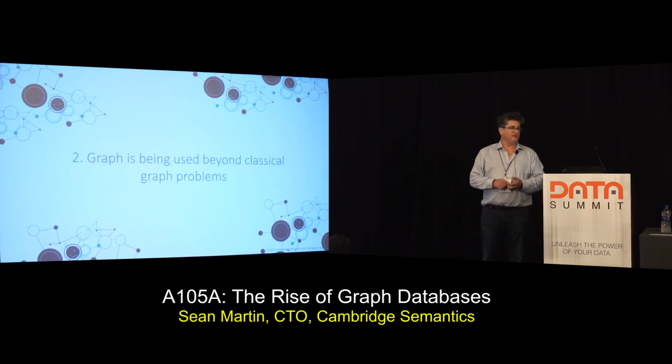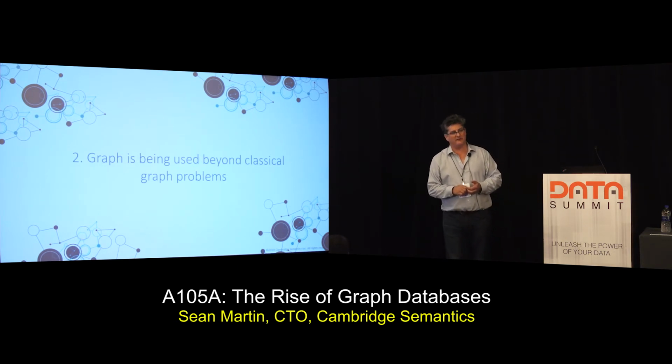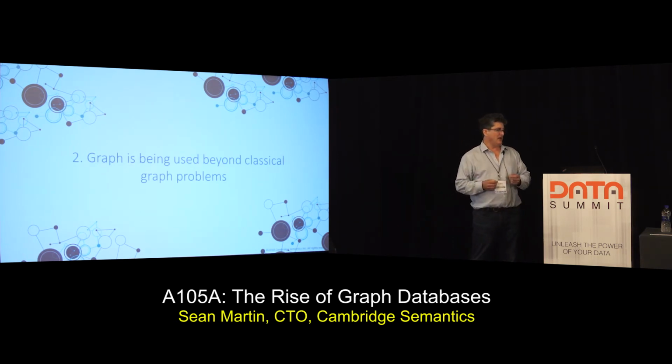Second, graph is being used beyond the classical graph problem. Graph has been a niche thing for forever and ever. People were highly tuning their applications, and they were often taking a walk on the wild side when they decided to get into graph, and many failed and were burned by graph failing, often for scale reasons, but other reasons as well, including immaturity.